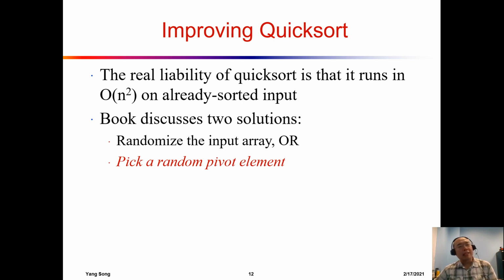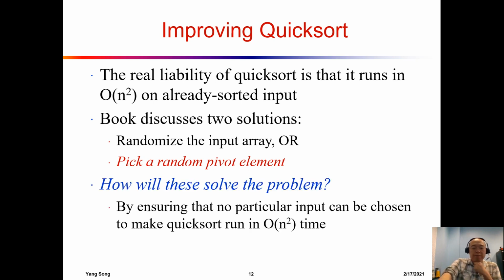The problem is we have to spend one extra cost to shuffle the list, right? And there is another way, that is to pick a random pivot element. Remember, in our implementation, we always pick the very first value. And the very first value actually causes the problem when the list is pre-sorted.